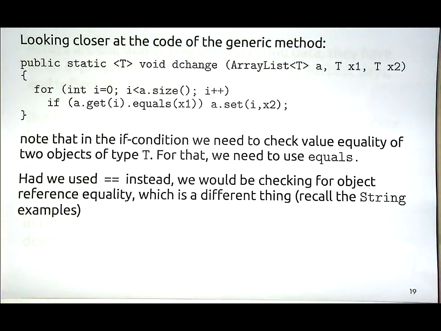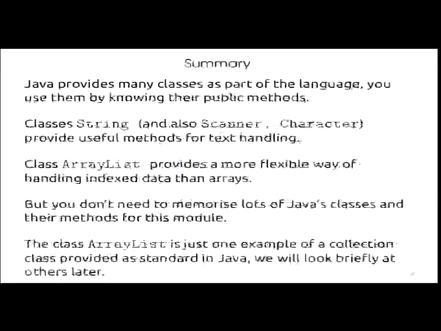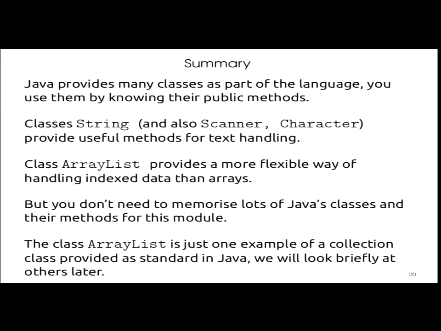Okay. So to sum up, Java provides many classes as part of its standard libraries. And we can use them as we like, as long as we know what the public methods do.